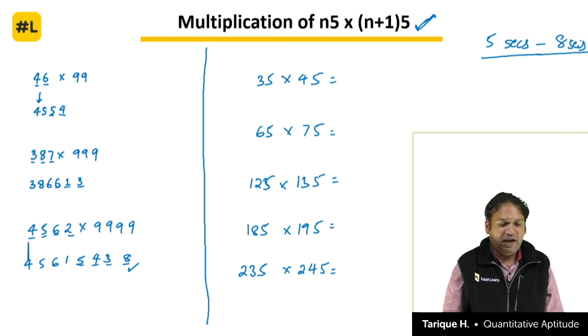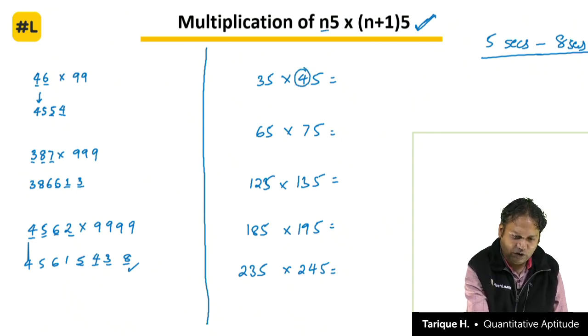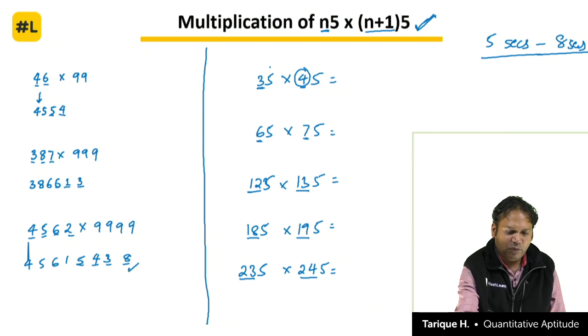So 35 into 45, what we do, what is the bigger number here? First of all, the numbers are consecutive: n, n plus 1, 3, 3 plus 1, 6, 6 plus 1, 12, 12 plus 1, 18, 18 plus 1, 23, 23 plus 1. That's there, and both are ending in 5.